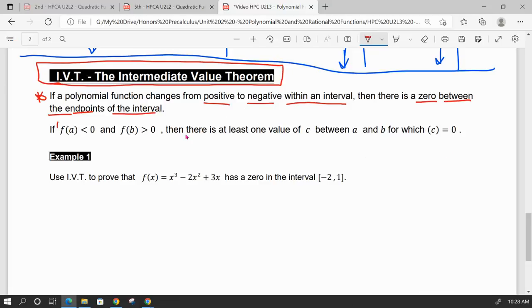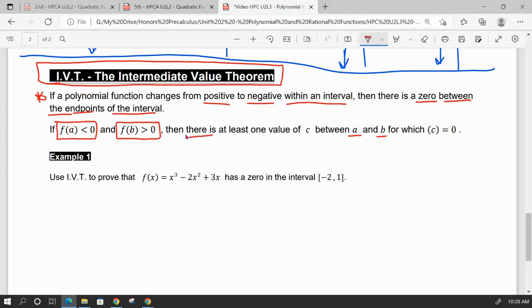So basically, if you substitute a number a into the function and you get a value that's less than 0, so you get a negative number, then you substitute b, which is the other end of the interval. So the interval is going to be between two numbers, a and b. When you substitute a and b into the function, if one of the outcomes is negative and the other outcome is positive, then that fulfills this intermediate value theorem.